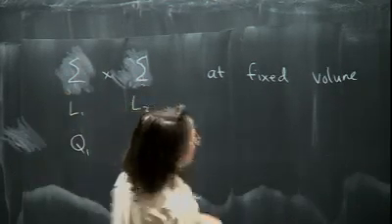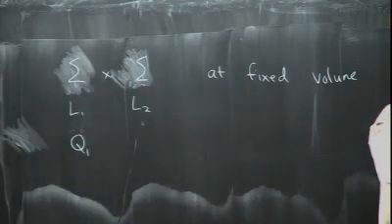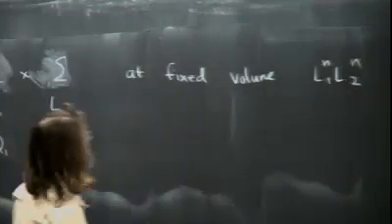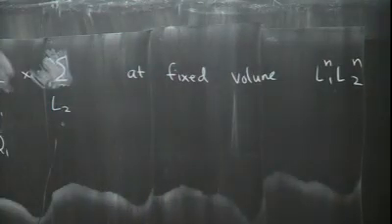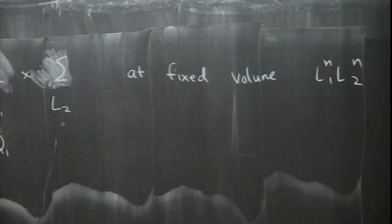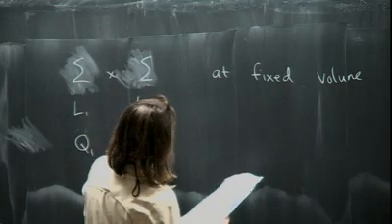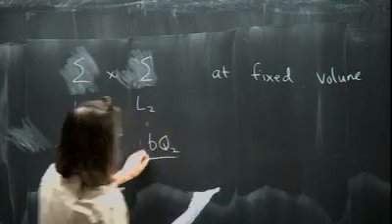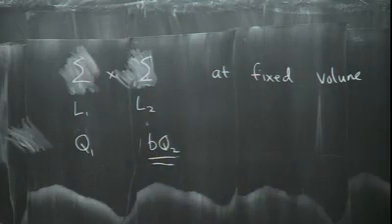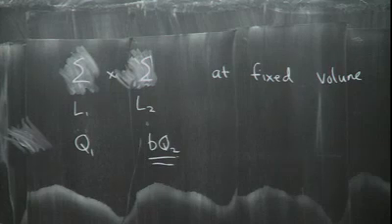So at fixed volume, L1 to the n, L2 to the n, so these are n-dimensional spaces. Put some kind of flux on L1, and put some other kind on L2 that has this term depending directly on the axion.